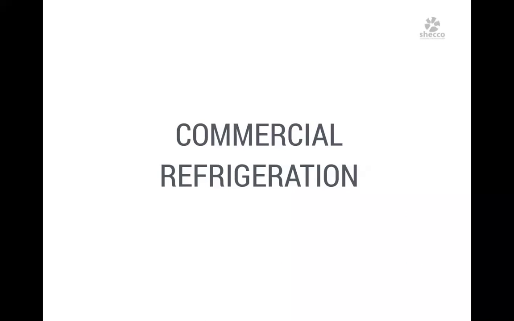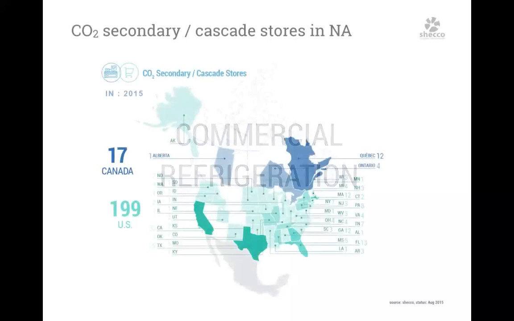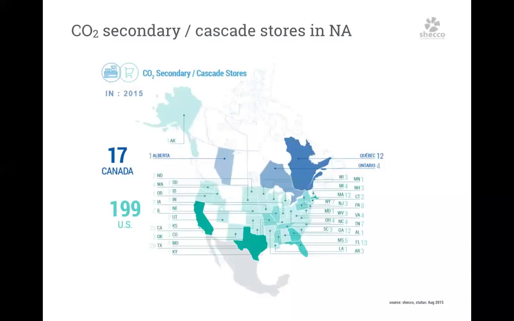Coming to commercial refrigeration, an exercise we did 2-3 years ago already, which we improved now, is these kind of market maps where we show by state or by province the uptake of CO2 secondary cascade stores.